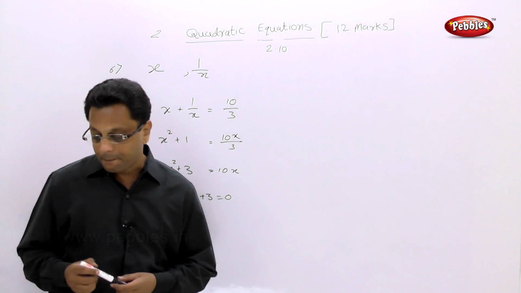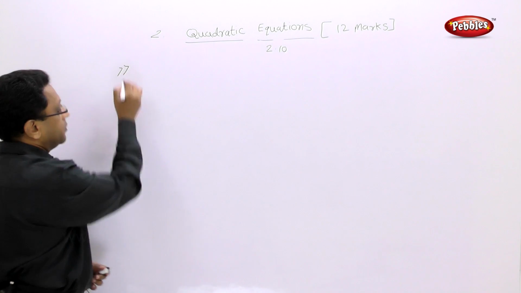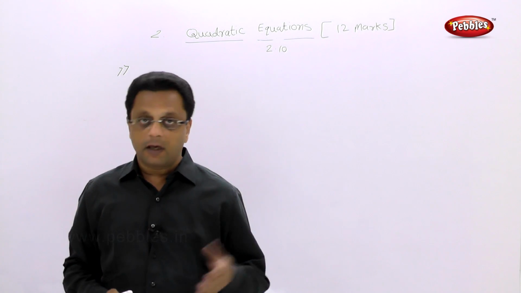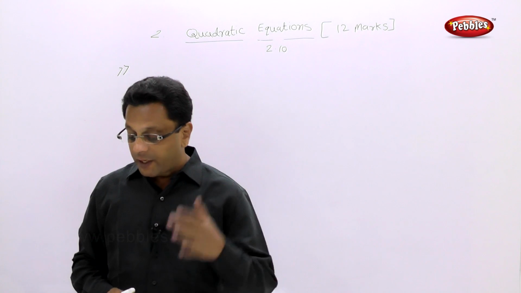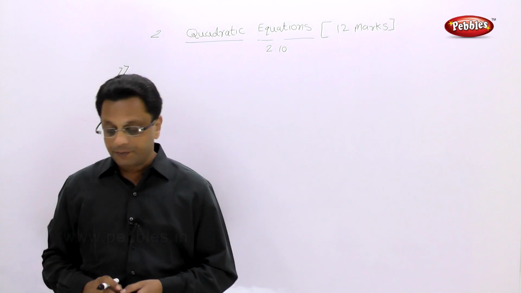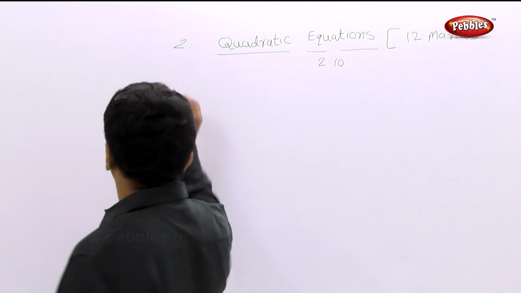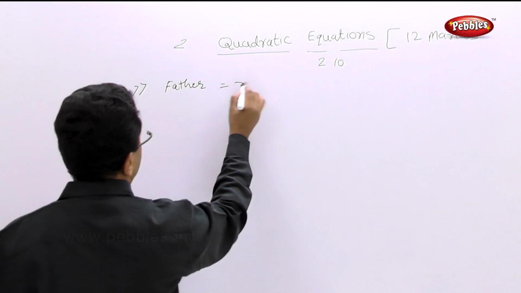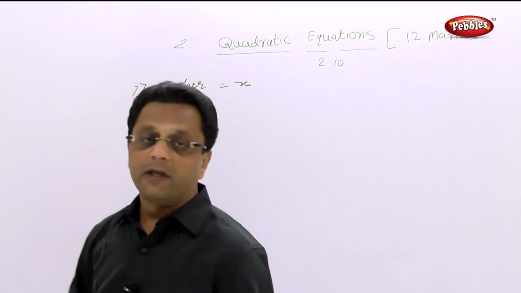Let's go ahead. 7th. Again an age problem: the sum of ages of father and his son is 42 years. So if the father's age is x, what will be the age of the son?